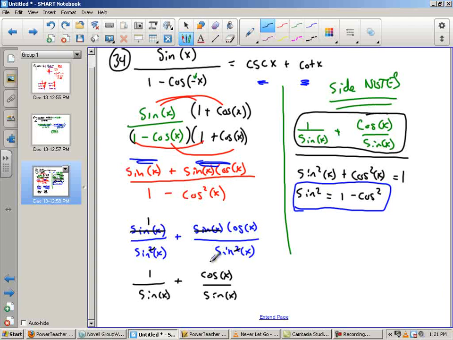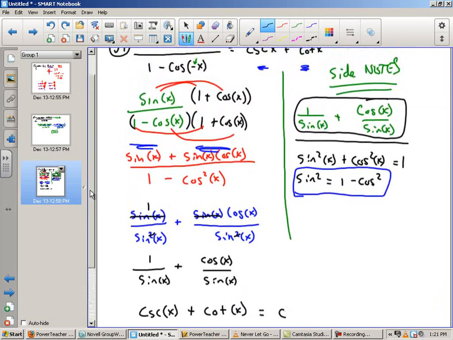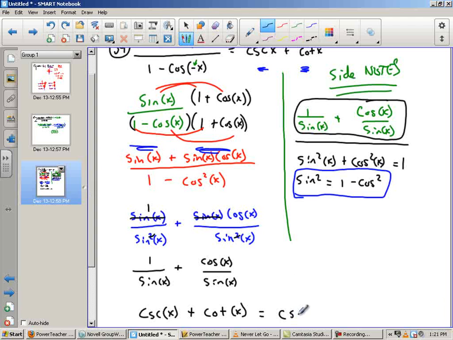Now, I can't stop, even though I think these are all equivalent. I need to keep going just long enough to say that this is cosecant of x plus this would be cotangent of x, which is exactly what I was hoping to get. Cosecant of x plus cotangent of x.